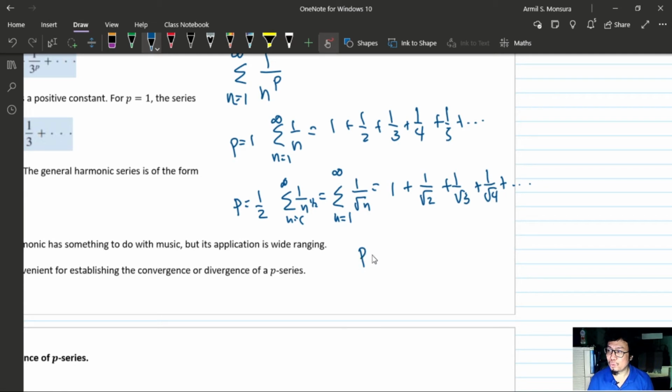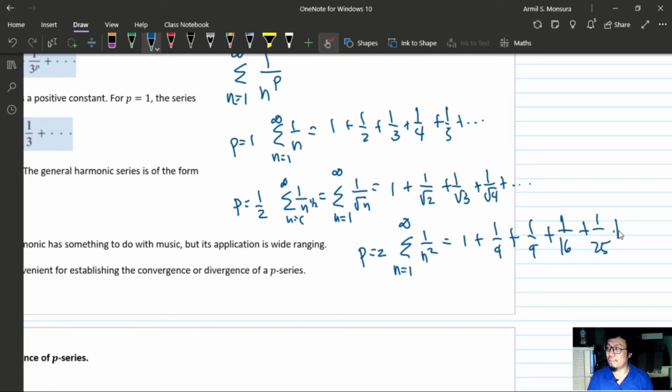When p is 2, that series becomes the sum of 1 over n squared for n equals 1 up to infinity. That should give you 1 plus 1/4 plus 1/9 plus 1/16, then 1/25, and so on.